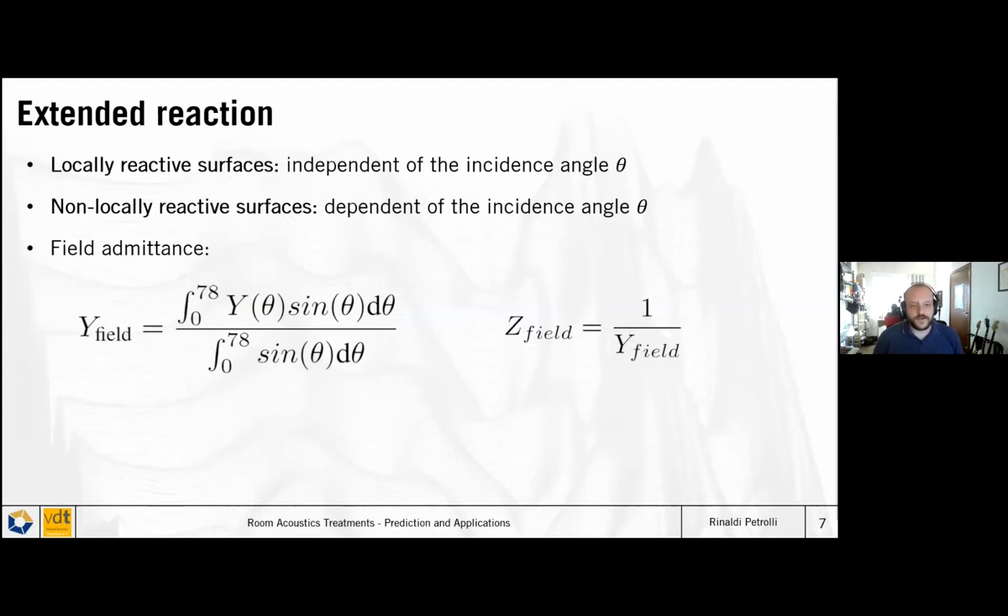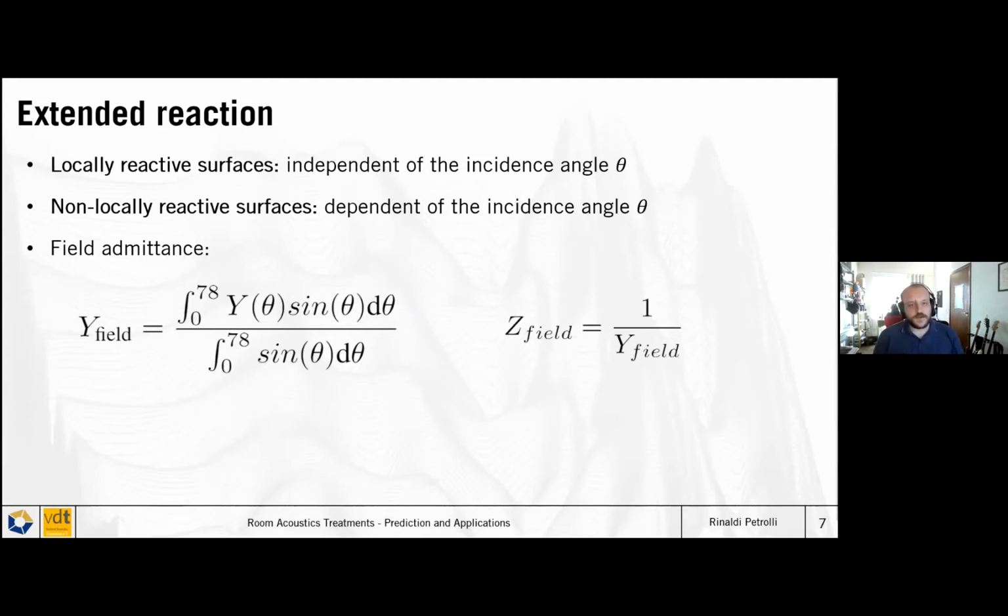And whenever that is the case, we don't know the angle of incidence of the sound hitting the treatment. So what we can do to account for that in this step of the calculation is to calculate what is called field admittance, which is just an integration over the incidence angle on the treatment. And then with that, we can calculate the field impedance as well.